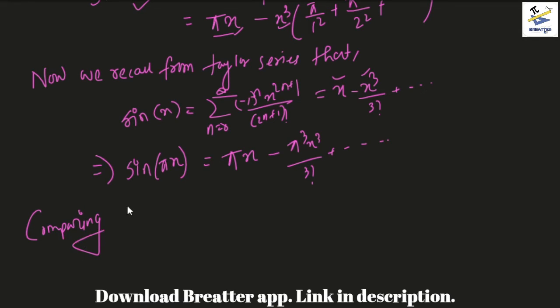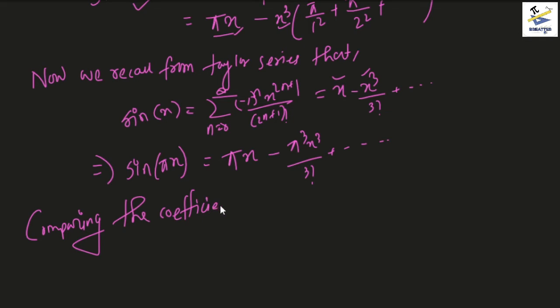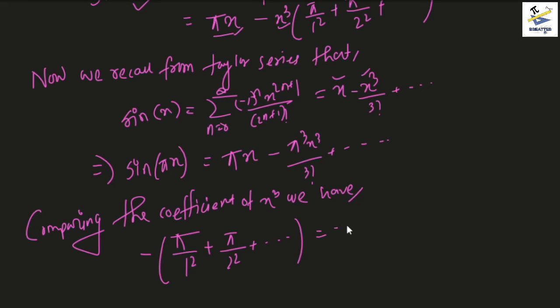Now comparing the coefficient of x cube, we have, so in that we had pi by 1 square plus pi by 2 square and all the way up to infinity equals minus pi cube by 3 factorial, right?